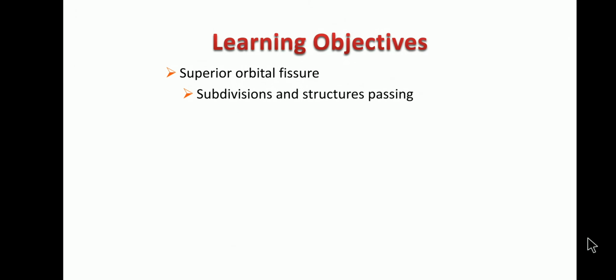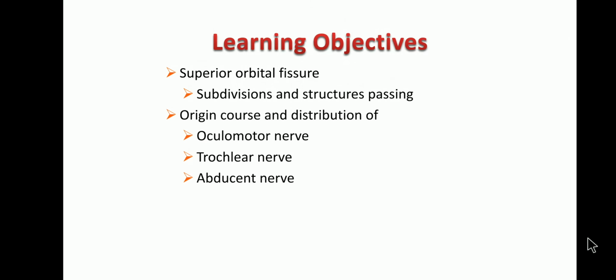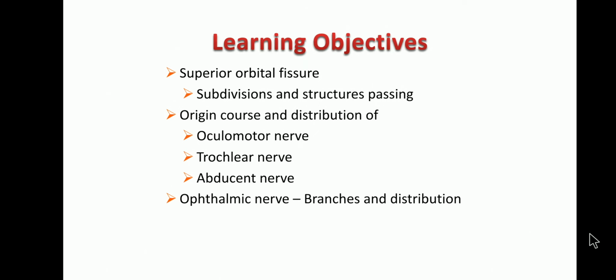of the nerves. Then about the nerves, mainly we will be discussing the oculomotor, trochlear, and abducent nerves. These nerves mainly supply the extraocular muscles of the orbit, and the parasympathetic and sympathetic components also travel mainly through the ophthalmic nerve.